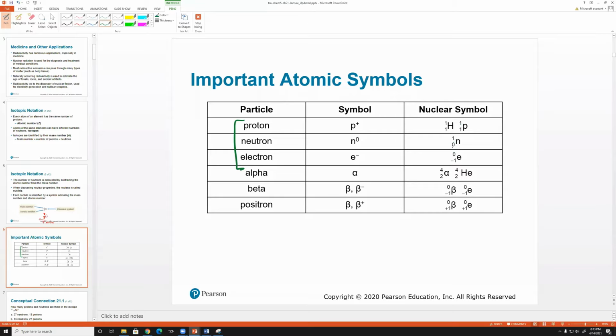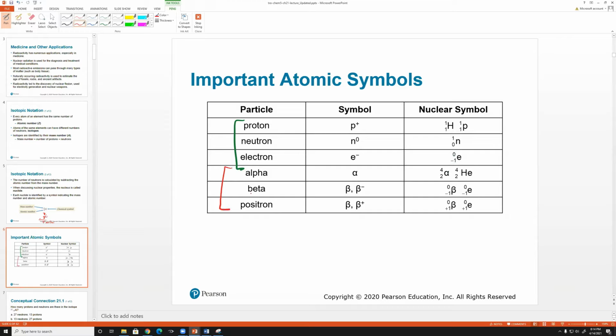Neutrons are 1, 0 because they have no protons, but they have a mass number of 1. Electrons have virtually no mass, and they're considered to be the opposite of a proton in terms of their proton number, meaning it's -1.